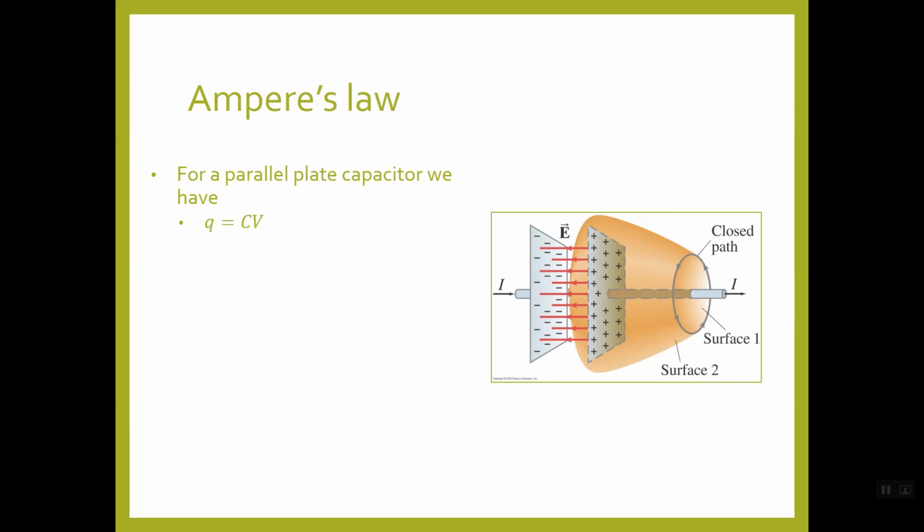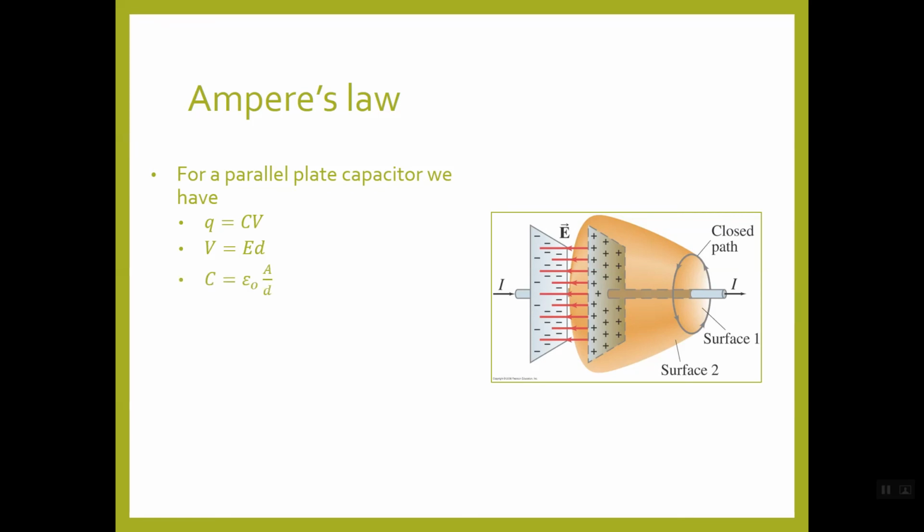We know that for a parallel plate capacitor, Q is equal to CV, V the voltage between the plates, C the capacitance, and Q the charge on the plates. We also know that V, our electric potential, is equal to the electric field times d, the distance between the plates.